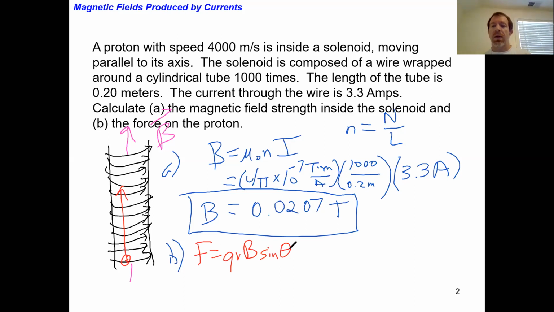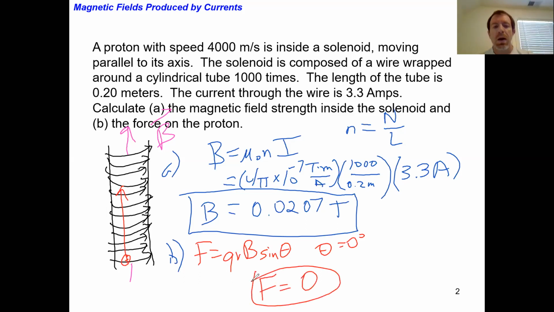Well, in this case, the magnetic field and the velocity are pointed in the exact same direction. So theta would be 0 degrees, and sine of 0 degrees is just 0. So that means my force in this case is just equal to 0. That's the way it works out because of the specific geometry I picked.